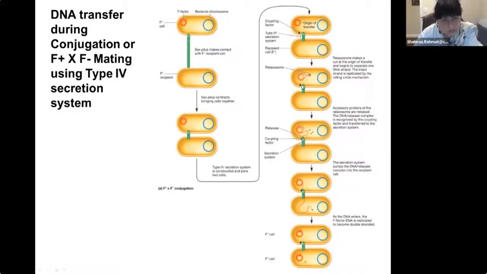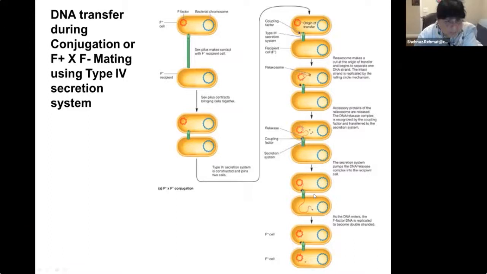So the relaxosome will relax the DNA, and the coupling system allows transfer. Remember the plasmid replicates by the rolling circle model. Do you remember that rolling circle model? When it is being duplicated by the rolling circle model, a single strand is created, and that single strand will enter through the coupling factor into the recipient cell.